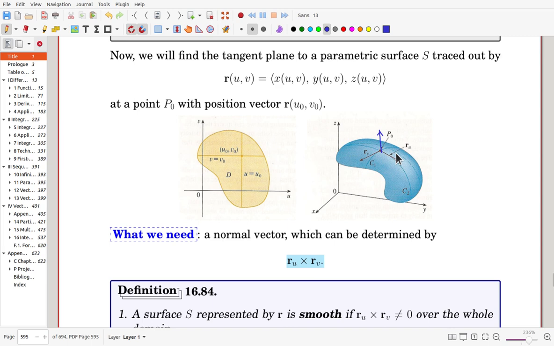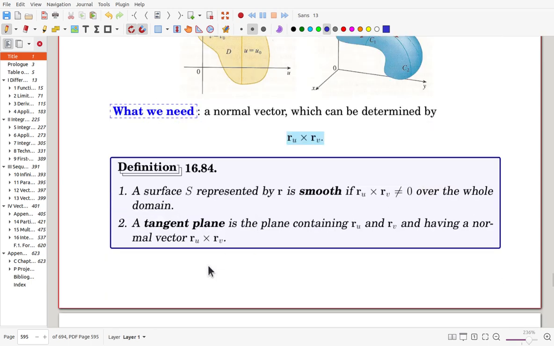So what we need is a normal vector determined by R sub u cross R sub v. So we'll use this one as a normal vector, and we have a point, and then we can decide the tangent plane.